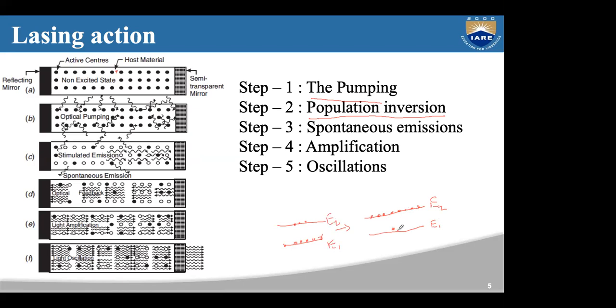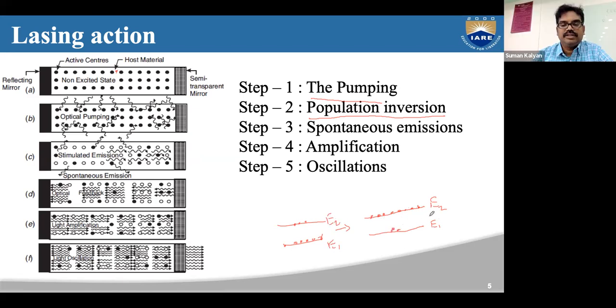Okay, this is what we call population inversion. So here N2 is greater than N1. This can be achieved by using the pumping techniques, and we make sure that the higher energy level has a larger lifetime.